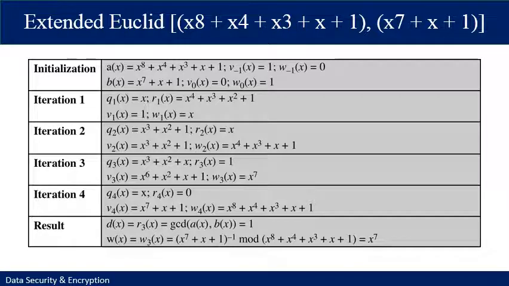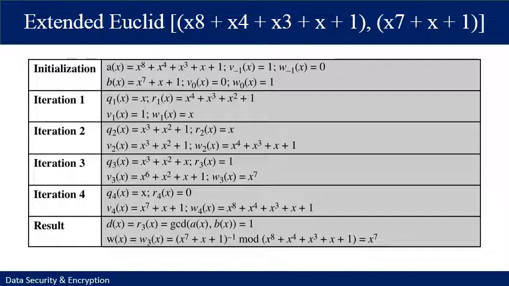Specifically, the algorithm will find the multiplicative inverse of b of x modulo a of x if the degree of b of x is less than the degree of a of x, and the greatest common divisor of both polynomials a of x and b of x is equal to 1. So if a of x is an irreducible polynomial, then it has no factor other than itself or 1, so that the GCD of a of x and b of x is equal to 1.